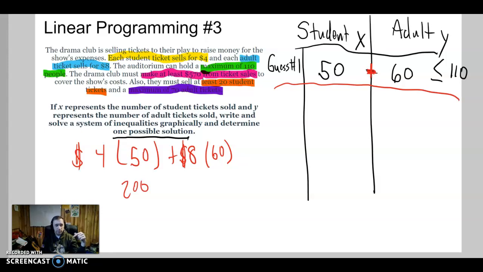Are you following me? Maybe not. 6 times 6 is 36. 6 times 7 is 6 more, so that's 42. Then 6 more is 48. Okay, so that's 480. Again, you could have used a calculator, but my brain's getting old, so I have to make sure I do that. So that's 200 and 480. That's $680 total, which says we have to make at least $570.